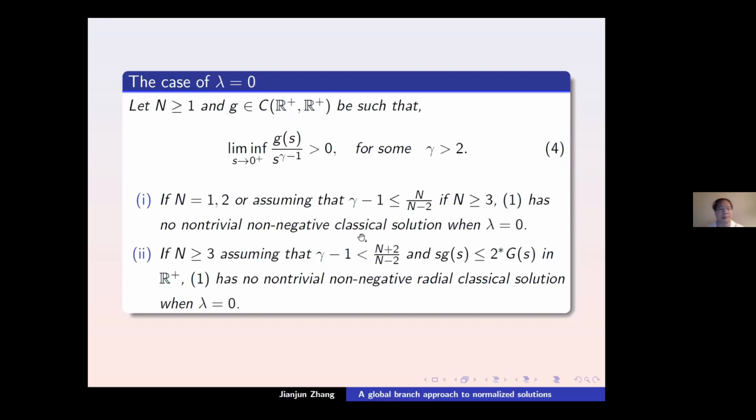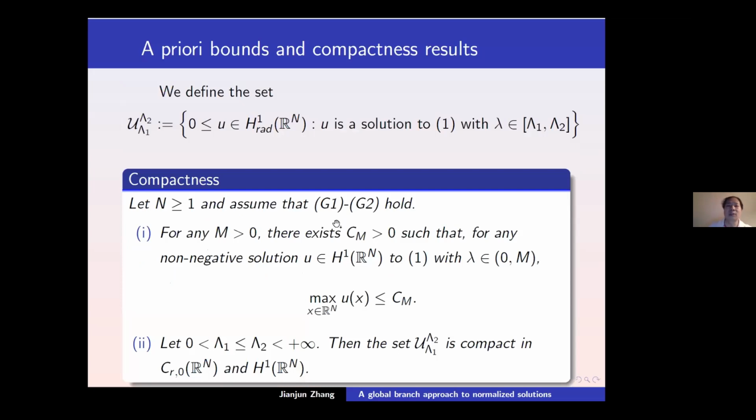So this is why we just consider the case of lambda positive. Now we already know the existence of normalized solutions for lambda small and for lambda large, so we just need to know what happens between large lambda and small lambda. For this case, we define the set of solutions with the parameter lambda bounded.